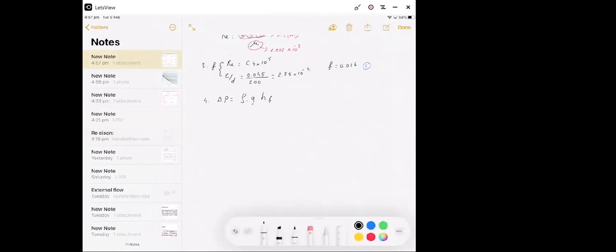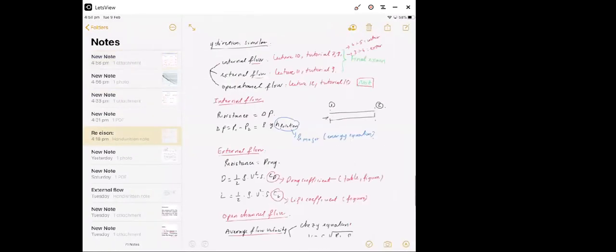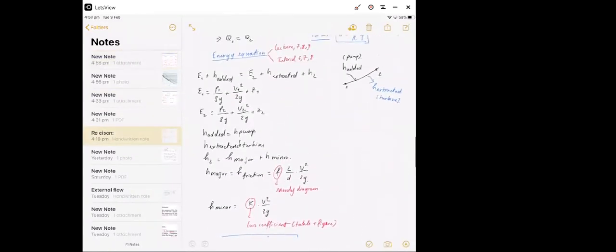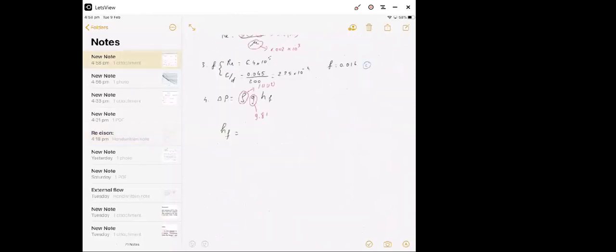Rho is 1000, gravity is 9.81. The head loss due to friction hf equals f L over D times V square over 2g.